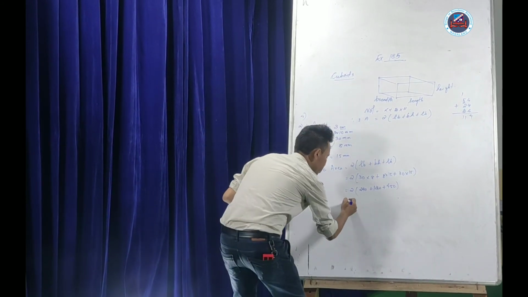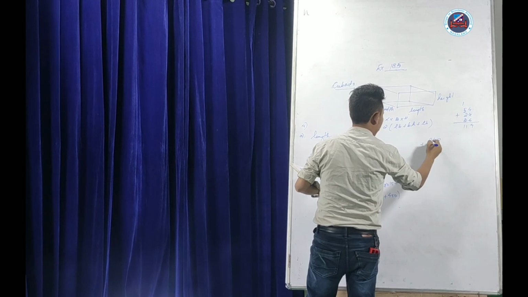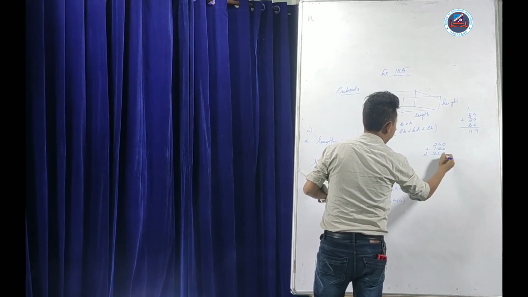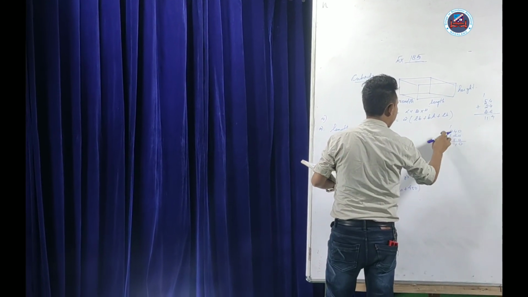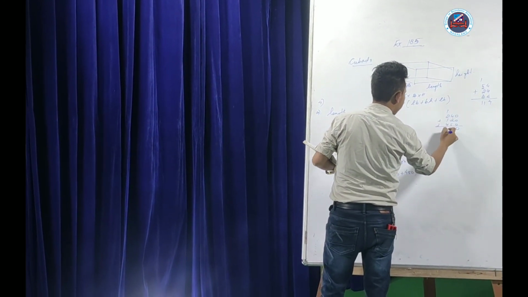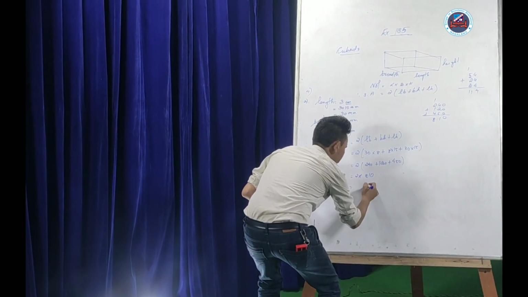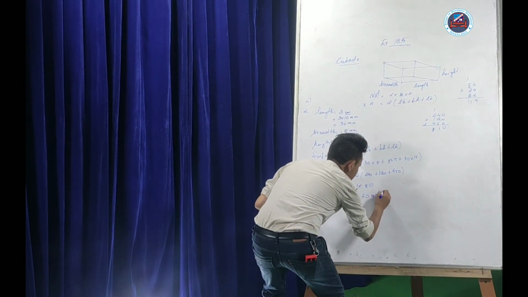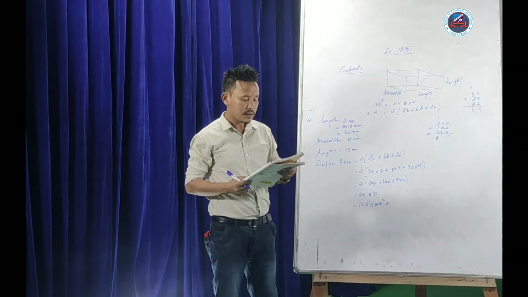When we add all this up together, we get 810. Now when you multiply by 2, we get 1620 millimeter square. In the same way, kindly make sure that you do question number B as well.